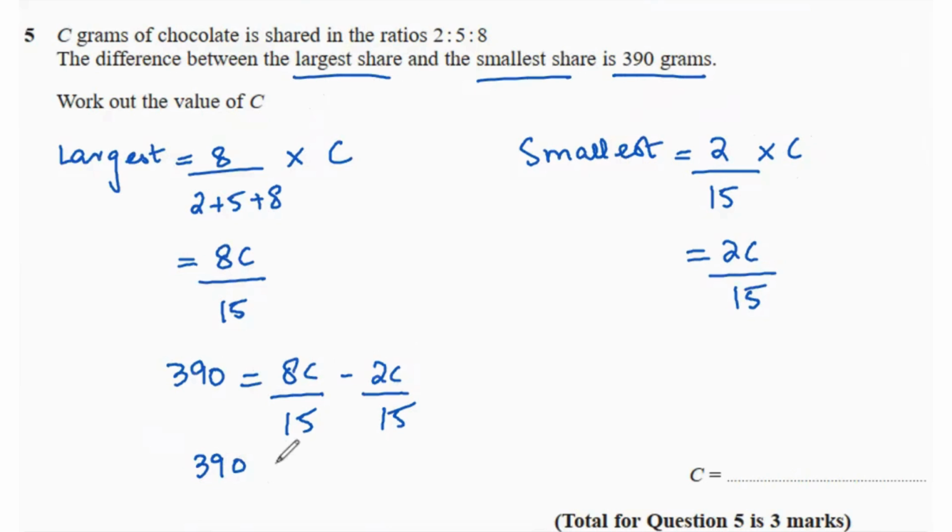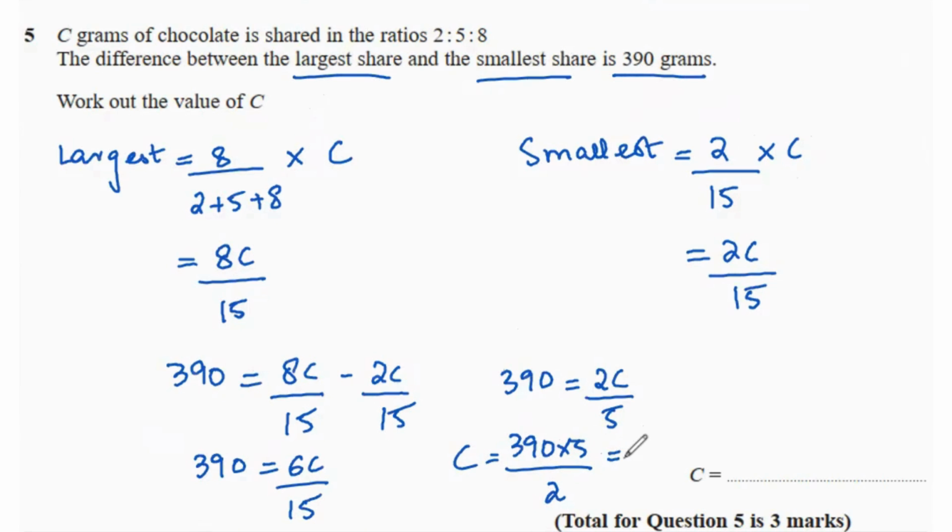That's 390 equals 6C over 15. We simplify this. That's 390 equals 2C over 5. 390 times 5 over 2 equals C, and that gives us 975 grams. So that is your value of C.